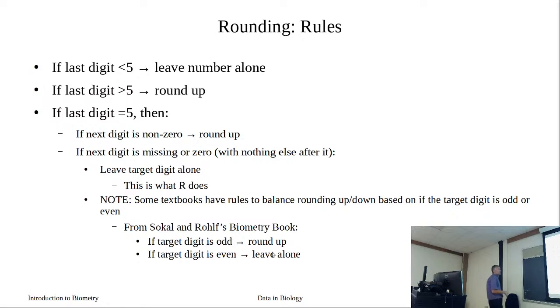If the target digit's even, we leave it alone. Or you can reverse it. If it's odd, you leave it alone. If it's even, you round up. In that way, you're hoping to balance the number of times that you round up with the number of times that you round down if you have this situation where you have a 5 with nothing after it, no more numbers after that 5.